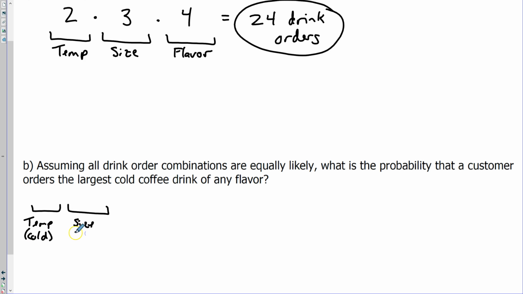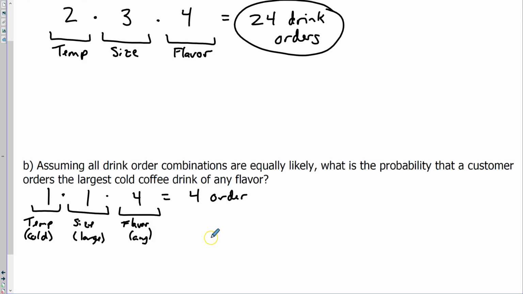It must be specifically large. And the flavor, they did not specify the flavor. It could be any. So there's one temperature choice, I must pick cold. There's one size, it must be large, but there are 4 flavor options. So 1 times 1 times 4, that's 4 orders that would fit that description.